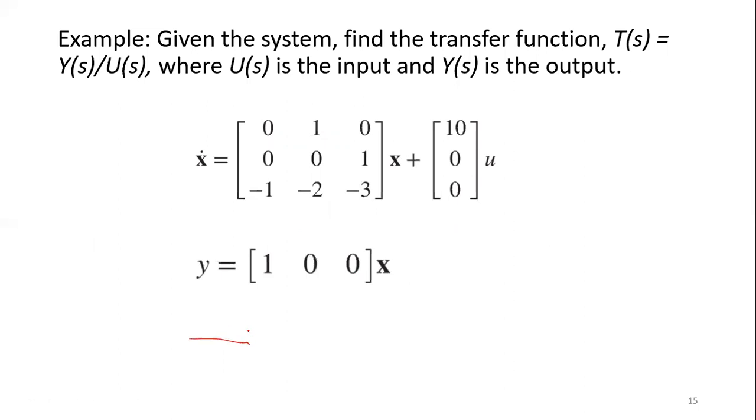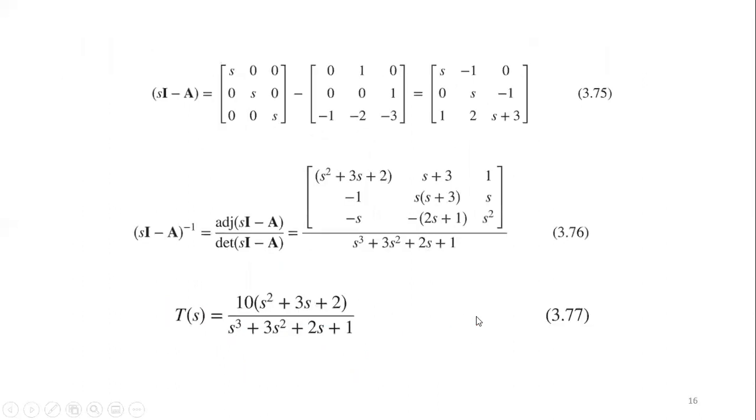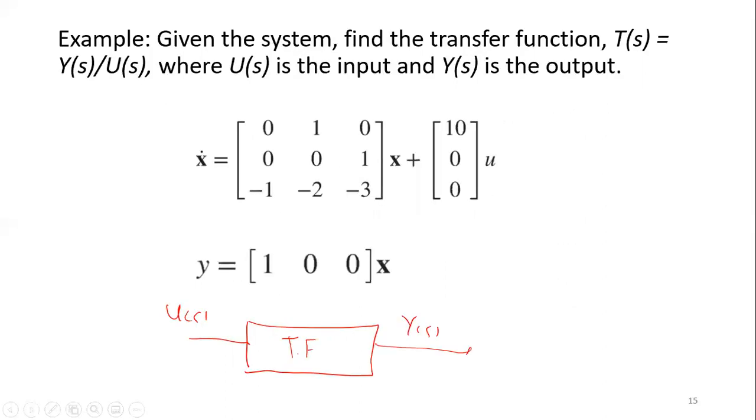At the end, what we should get is Y(s) over U(s), where U(s) is the input signal and Y(s) is the output signal, and in the middle is the transfer function. The first step is to analyze the equations.